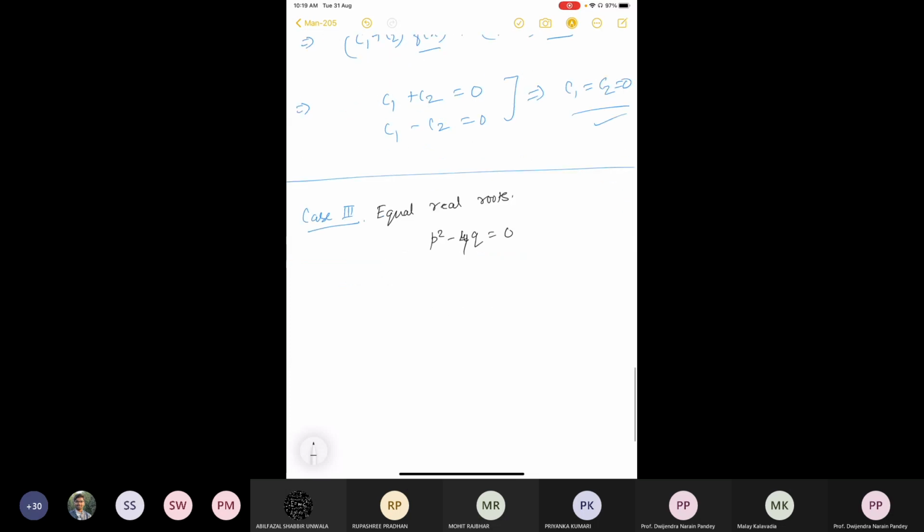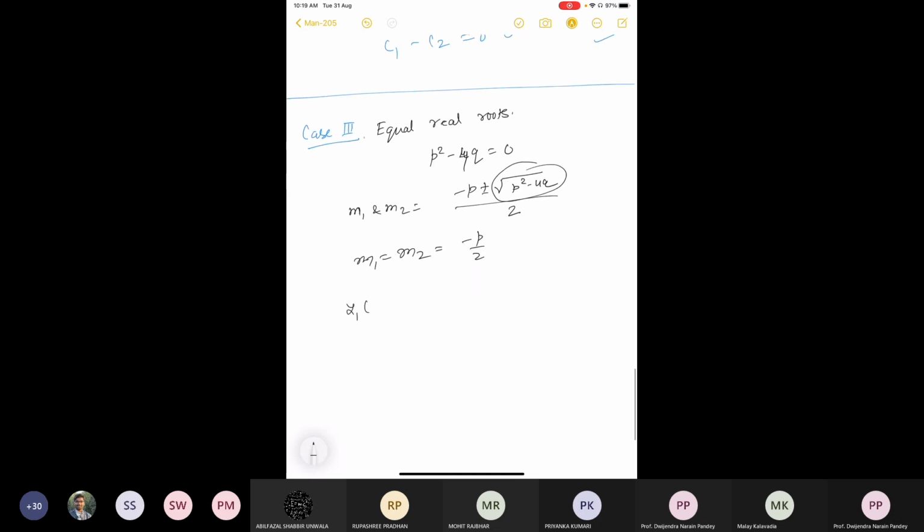It means that m1 and m2, which is given as (minus p plus or minus square root of p square minus 4q) upon 2, now this quantity is 0. So we have both m1 equal to m2 equal to minus p by 2. Right? So we have only one solution, y1(x) equal to e to the power minus p by 2 x.